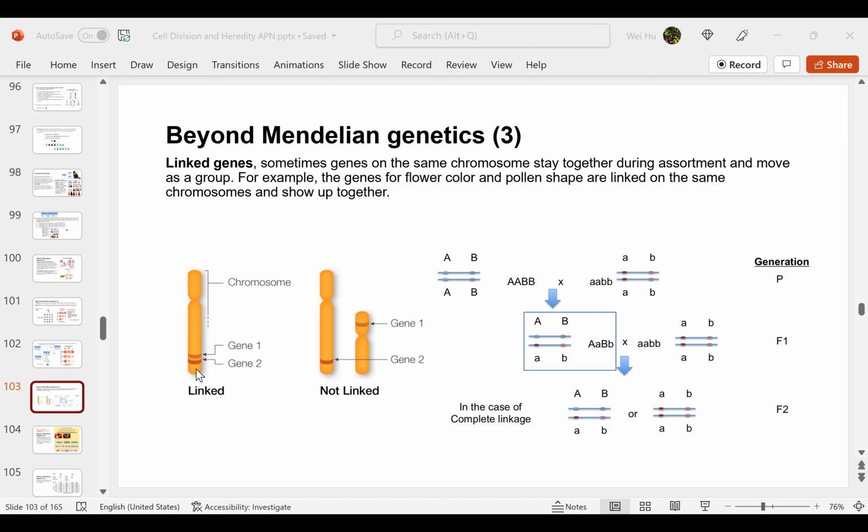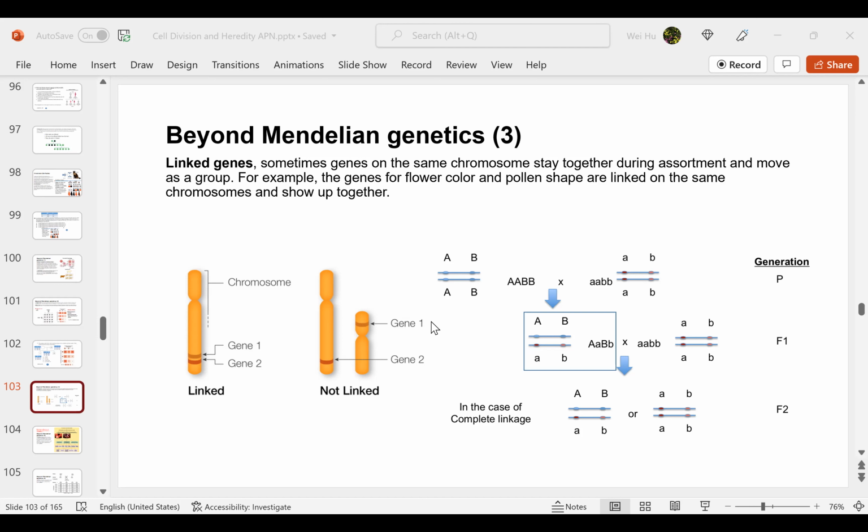Got it? For instance, gene 1 and 2 are linked genes. This one is not linked, because gene 2 is on the big chromosome and gene 1 is on the small one. And A and B are linked, okay?